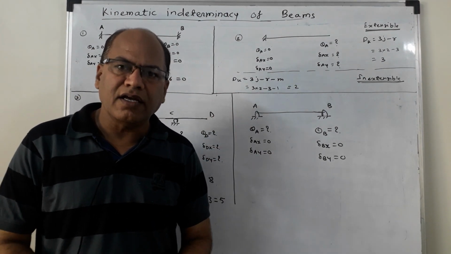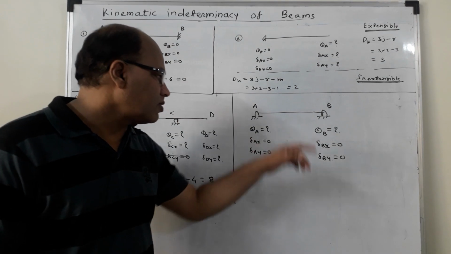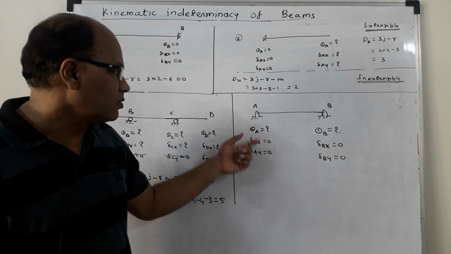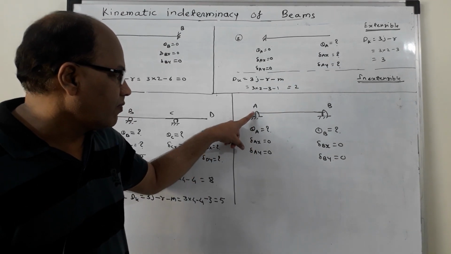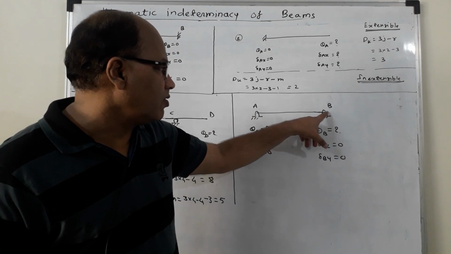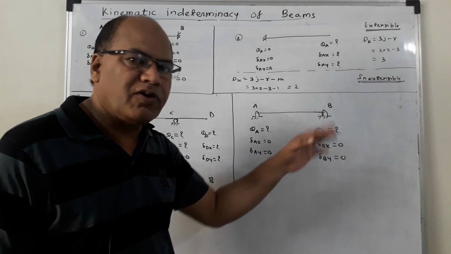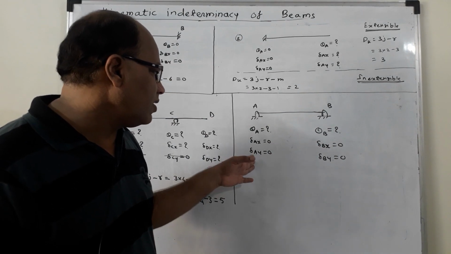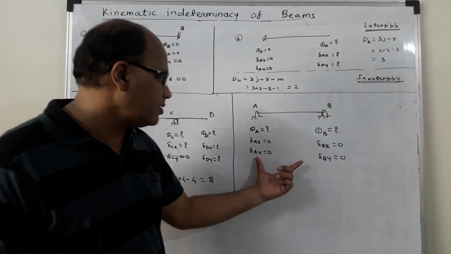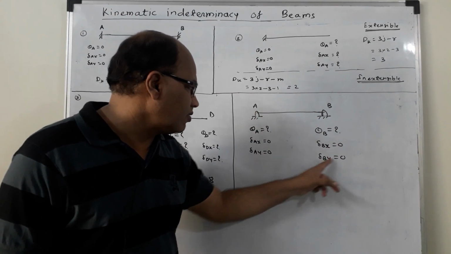So along the x direction the deformation is not possible. Both supports are hinge supports, so rotation theta is possible at A and at B, whereas delta Ax and delta Bx, meaning axial deformation, are not possible. Similarly, displacement along the y direction is not possible. So all of these 4 are 0.